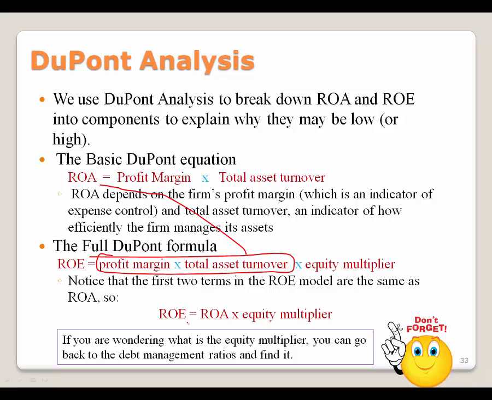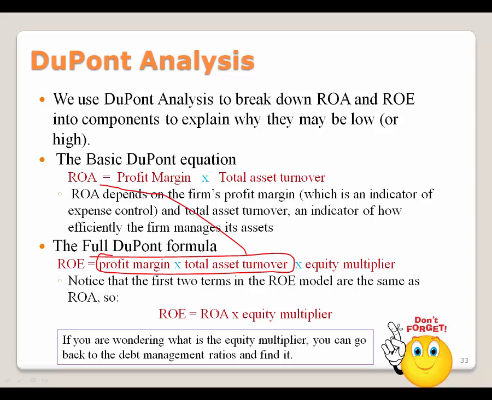So that's why we can also say ROE equals ROA multiplied by equity multiplier. This is saying that ROE is ROA magnified by equity multiplier. So the higher equity multiplier a company has, the higher ROE the company may end up with, even if the ROA is the same.